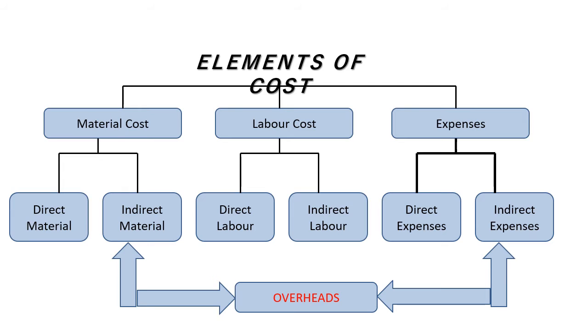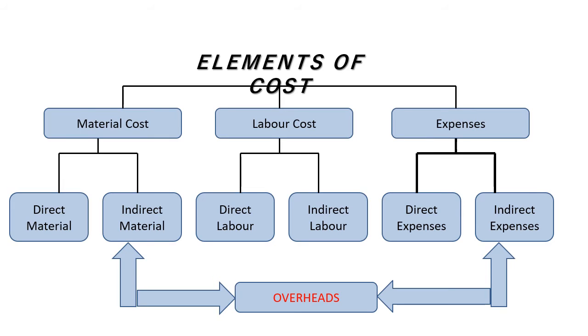Third element is other expenses. Other expenses means all costs other than material and labor are termed as other expenses. It is divided into two parts.